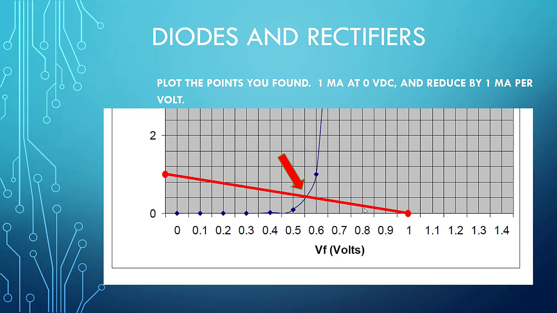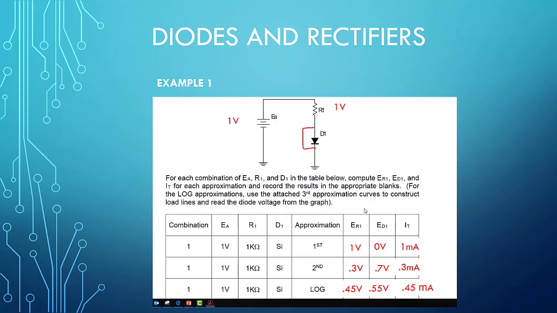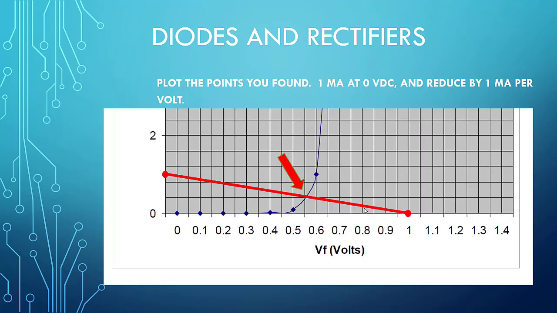All right, if we then go back to our sheet and take a look at what happens there, I can see that my line is intersecting right here at about 0.55, 0.56 volts.